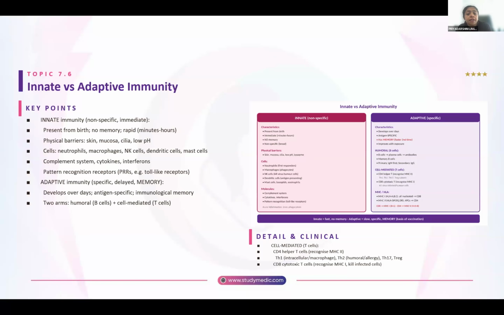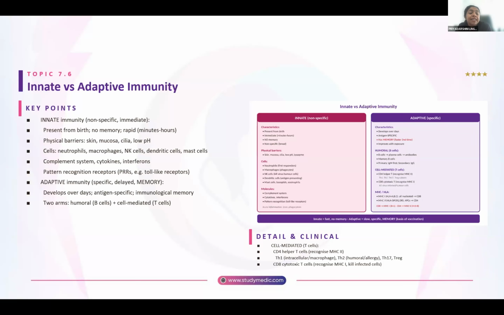You have to keep this in mind as a difference between your innate immunity and your adaptive immunity. Now, coming to the various responses of your adaptive immunity, as we already saw, these are specific immunities, and this usually develops over days. You have two arms in your adaptive immunity, which are your humoral or B cell immunity and your cell-mediated or T cell immunity. Now, coming to B cell immunity, in B cells you have your plasma cells. Plasma cells produce antibodies, and they form your memory B cells. The primary B cell response is the production of IgM antibodies, and the secondary is going to be IgG antibody production.